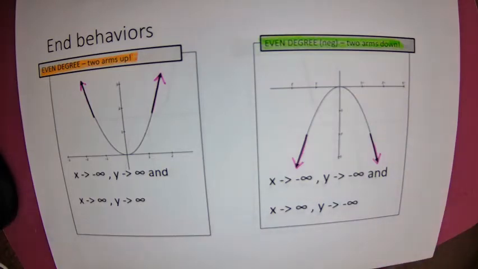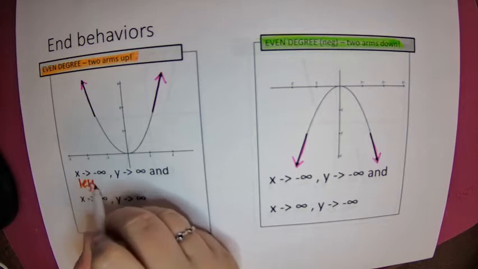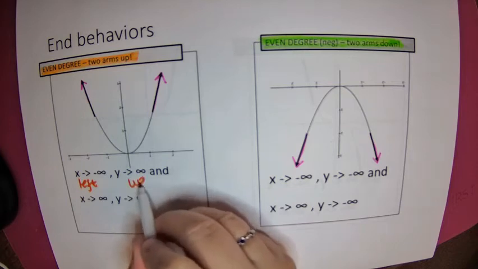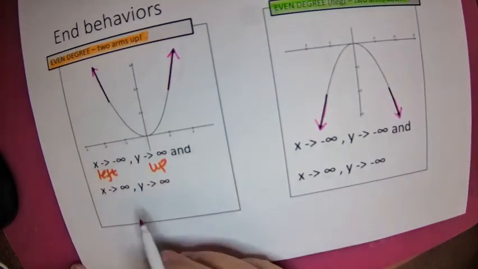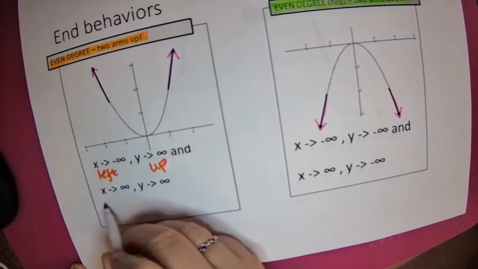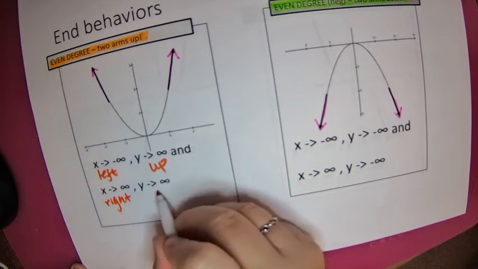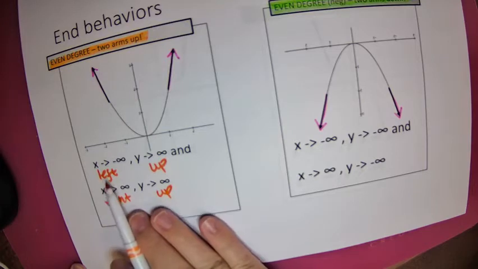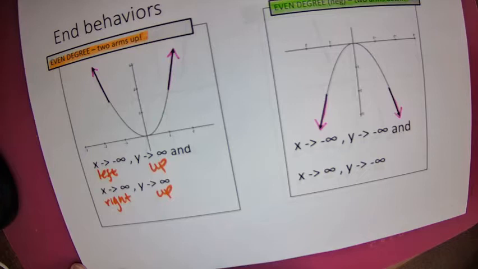We'll say that as x approaches negative infinity, that means that we're on the left side, then y approaches positive infinity, that means we're going up. And then also, as x approaches positive infinity, that means we're on the right side, y approaches positive infinity, that means up. So this is what that says: left arm up, right arm up.